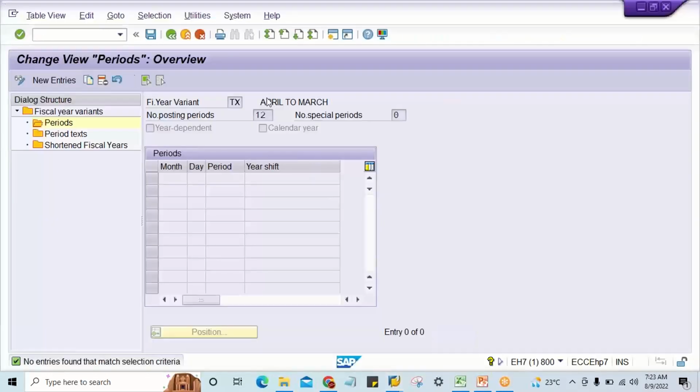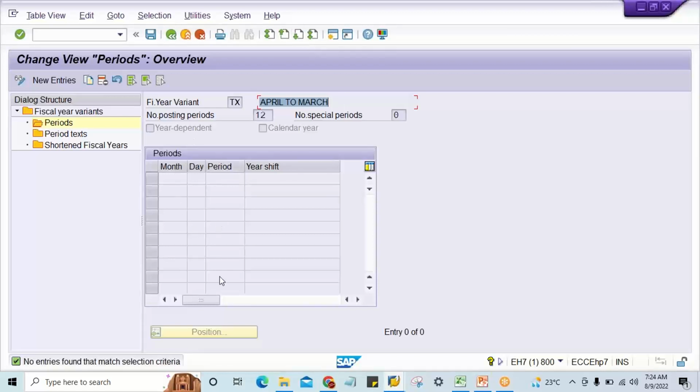While defining this variant, here descriptions we have given, right? I'll tell you, guys, no matter whatever description you have given, SAP has nothing to do with the descriptions. By reading descriptions, SAP will not come to know whether it is April to March or July to June or October to September.